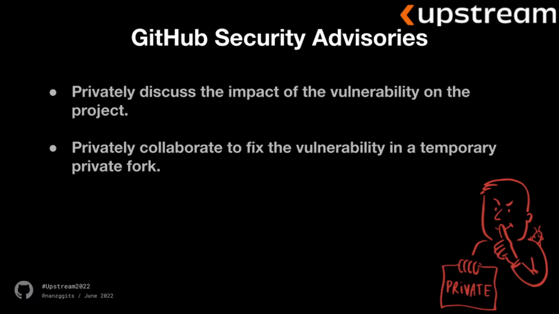So with GitHub Security Advisories, maintainers create a draft security advisory and they use it to first privately discuss the vulnerability of the project, again, with their team, and they can invite reporters, specific reporters. And they can also, with GHSA, privately collaborate to fix the vulnerability in a temporary private fork. So GitHub Security Advisories can help with the last two steps of the vulnerability disclosure process.